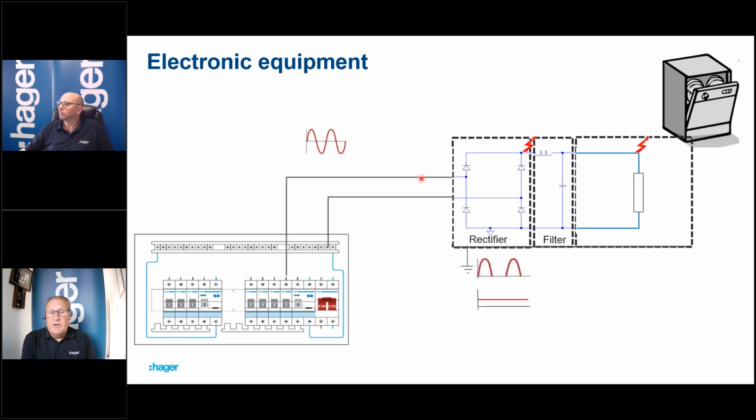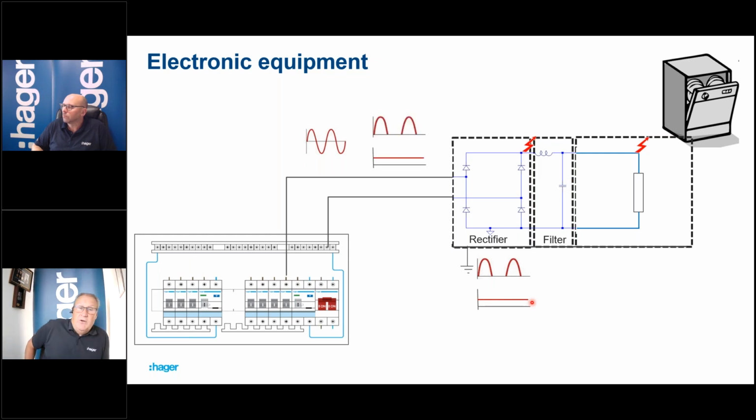So that fault current, because it's a fault to the case of the equipment, depending where it is inside, could literally be any shape. It could be a rectified DC shape, a pulsating DC shape like this one here. Further inside the product, of course, if it's possible to have a fault there, it could even be a DC type of fault. So that would then obviously be superimposed on the supply coming into the dishwasher.